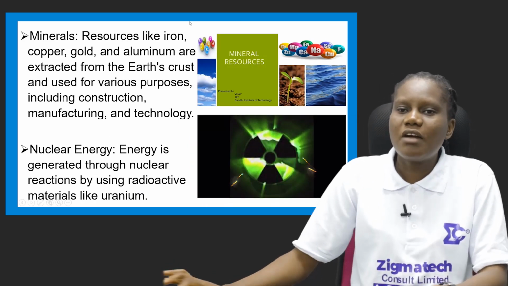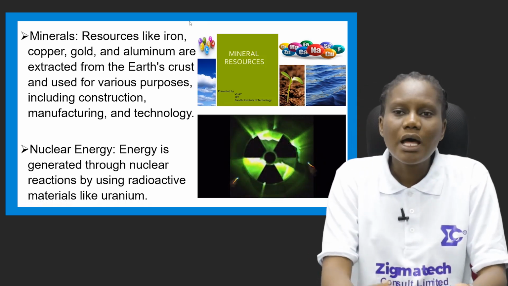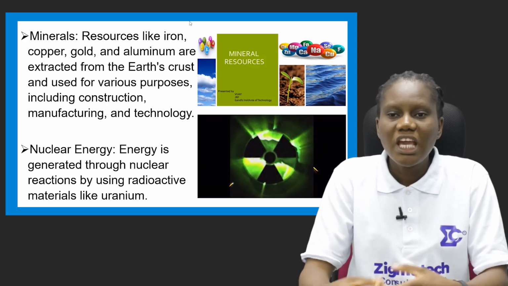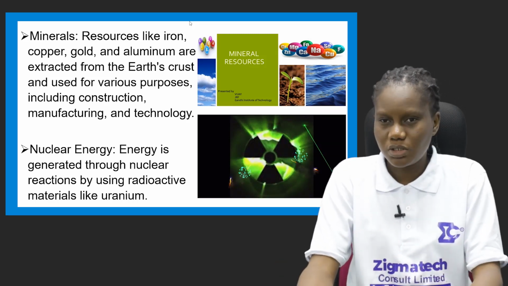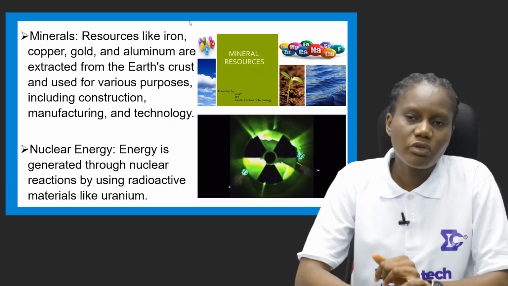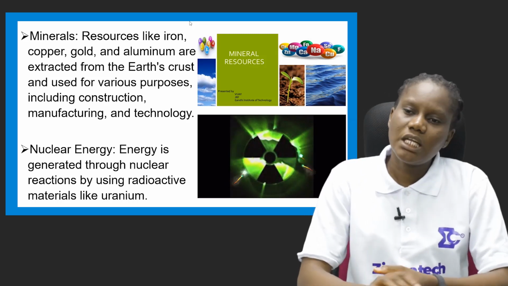Number two, we have our minerals. Resources like iron, copper, gold, and aluminium are extracted from the earth's crust and used for various purposes, including construction, manufacturing, and technology. Then the next is nuclear energy.